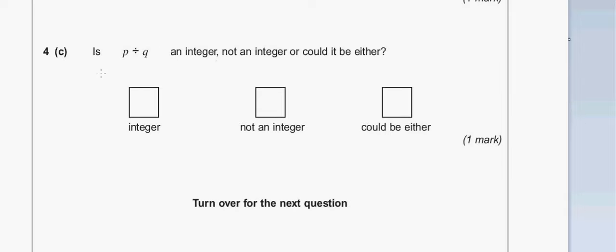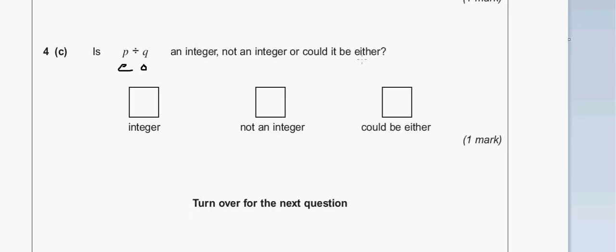Okay, so P, which is even, divided by Q, which is odd, will produce an integer, not an integer, or could it be either? So an integer is a whole number. So this will either produce a whole number or not a whole number, or could it be either?